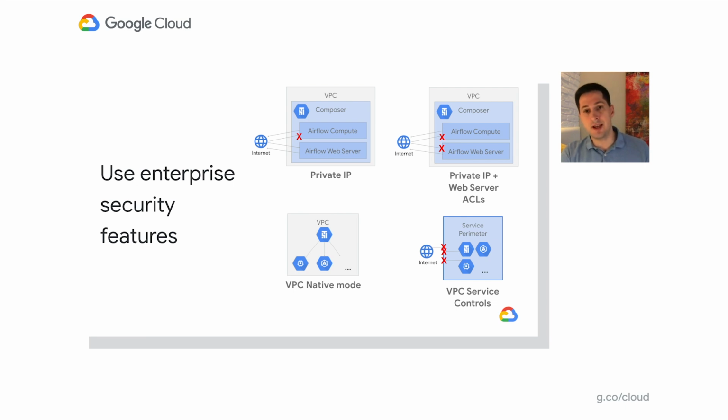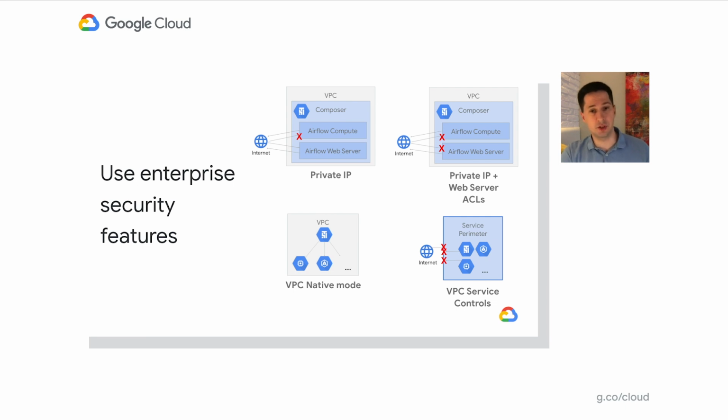If you want network level protection for your Airflow user interface, you may want to use web server access controls that, together with private IP, make your environment not accessible from the outside world unless the caller belongs to a predefined and whitelisted set of IP addresses. This is like a firewall setting that secures access to your web server from the outside world, which you can use to configure and further tighten access to your Airflow web server.